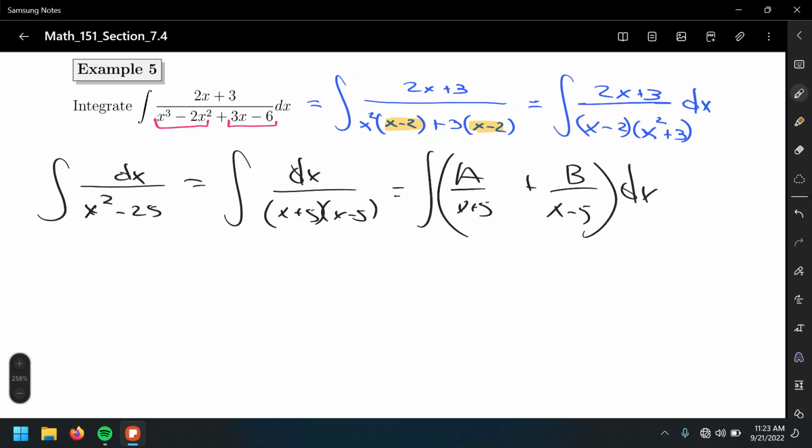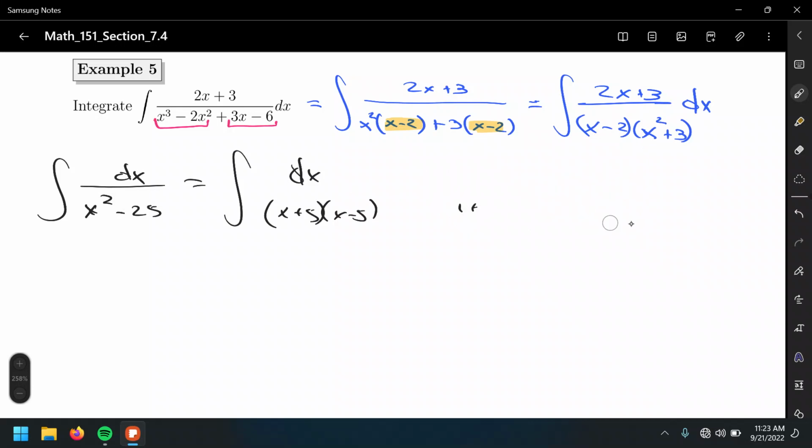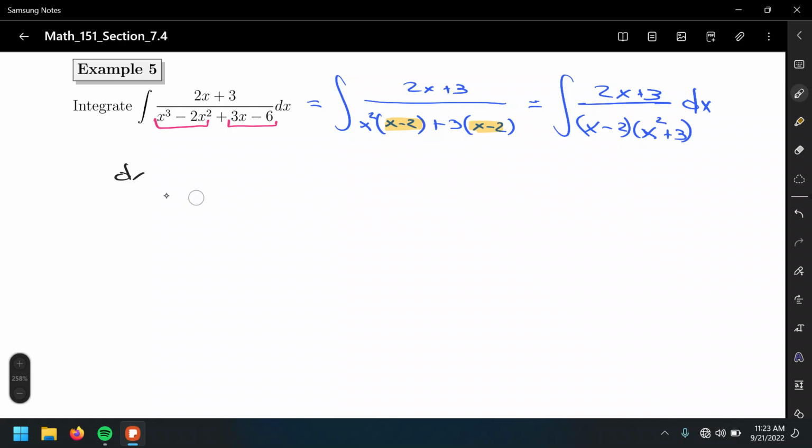Can we do that for x squared plus 3? No, for two reasons. Number one, we can think of this as x plus i root of 3 times x minus i root of 3.